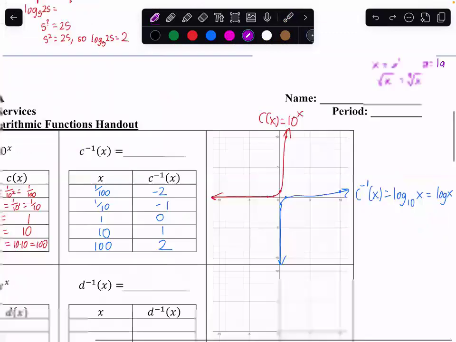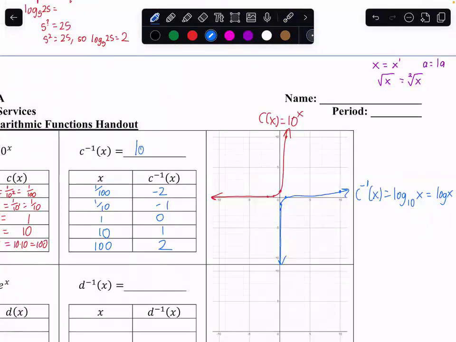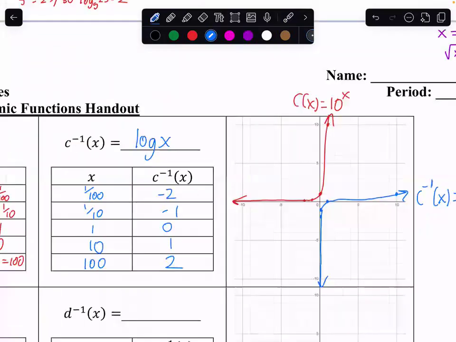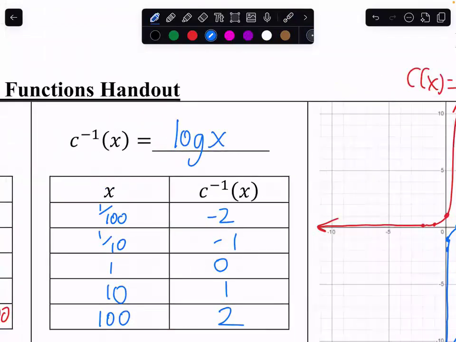Okay, so again, whenever the base of the logarithm is 10, you don't write the 10, you don't write any base at all. Okay, so you'll hear this referred to as the common log. So that basically means log base 10.